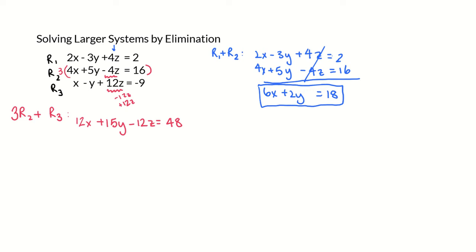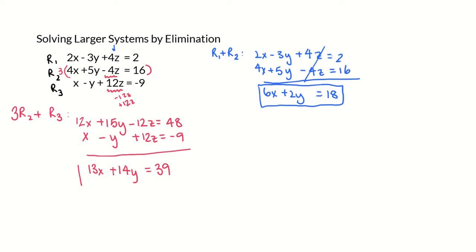And then row 3, we're just adding to it and we're keeping exactly the same. x minus y plus 12z equals negative 9. And we're going to add those two together. 12x plus x is 13x. 15y plus negative y is 14y. And 48 minus 9 is 39.